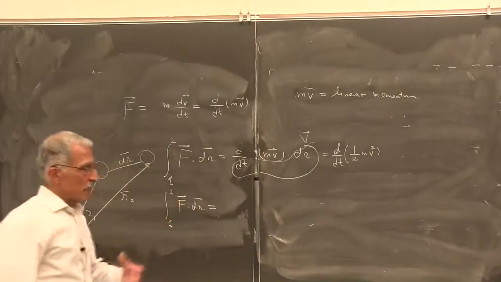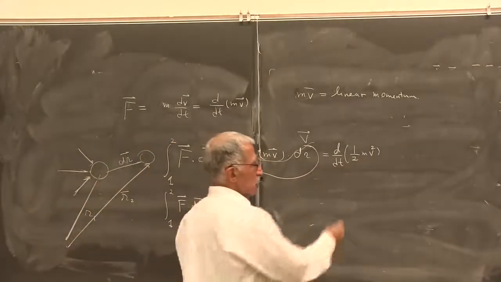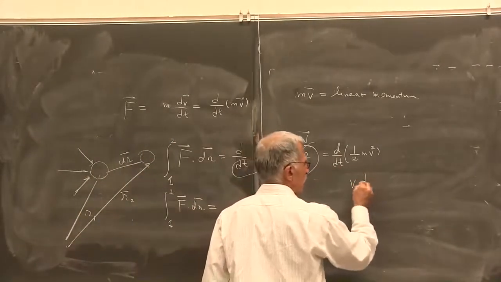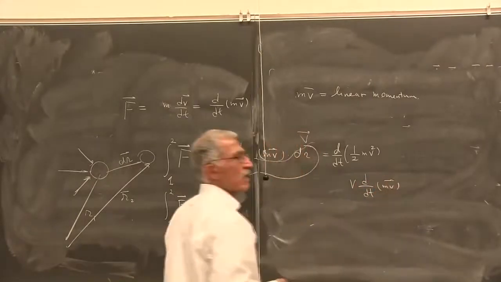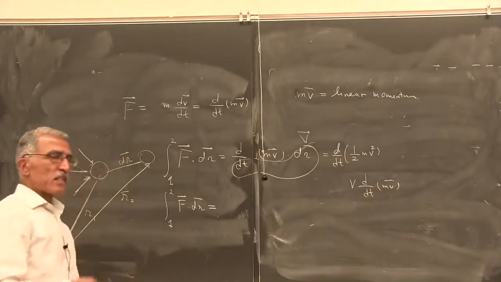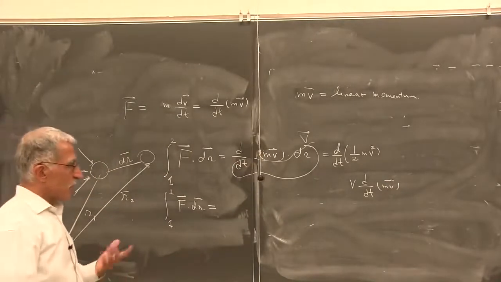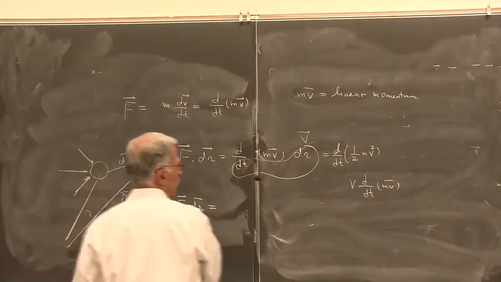Because if you make a differentiation of this, this should be v d/dt of mv. That's the same thing. So that's basically like x squared. If you would like to differentiate, that would be kind of the same.